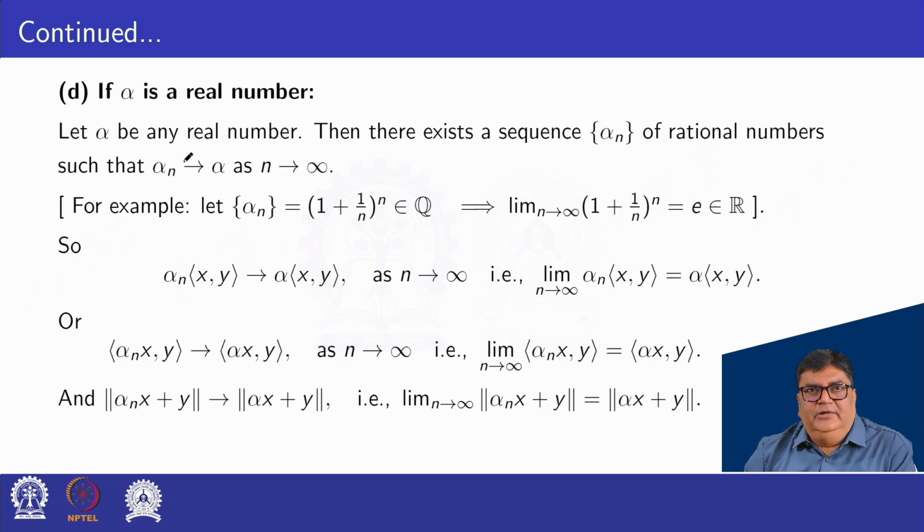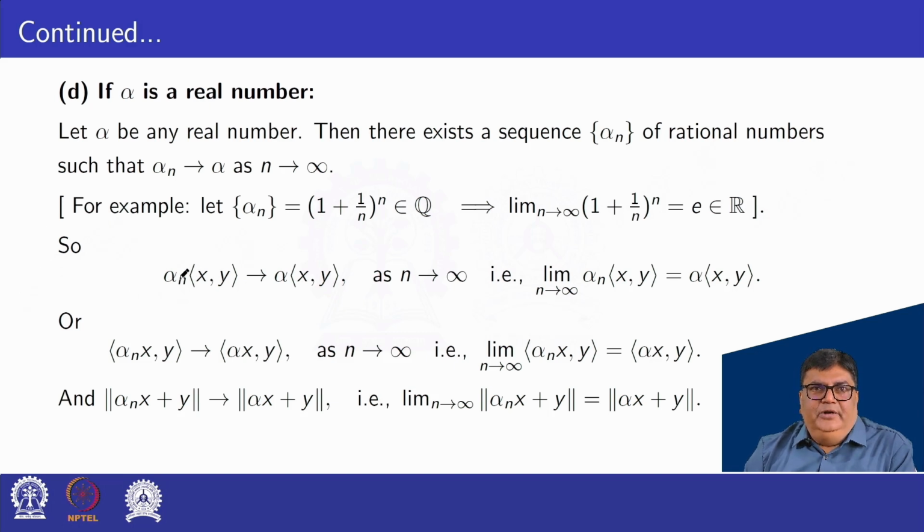So rational numbers converge to a real number as n tends to infinity. For example, suppose alpha n is equal to (1 plus 1 by n) to the power n, which is a rational number, where n is a natural number. The limit as n tends to infinity of this is e, which is a real number. So as n tends to infinity, rational numbers tend to a real number.